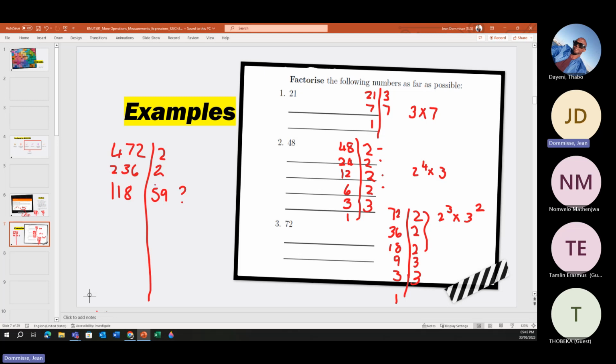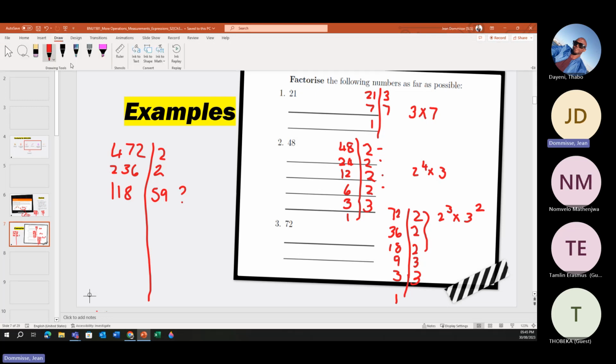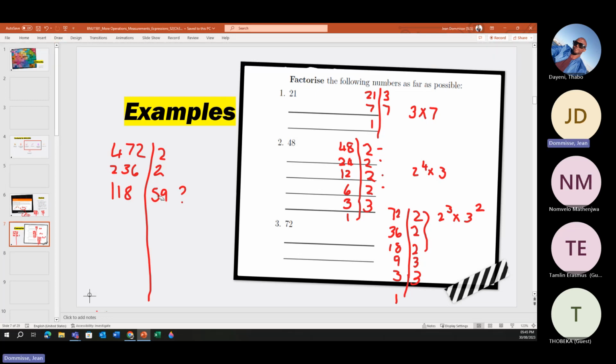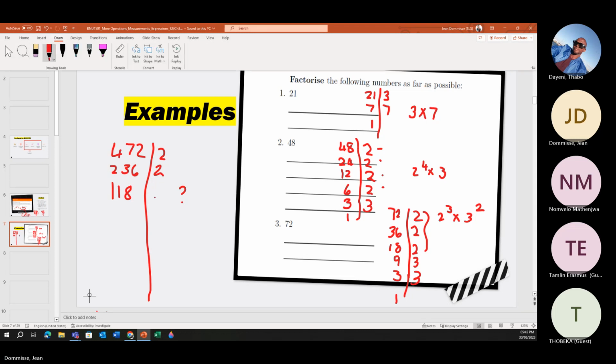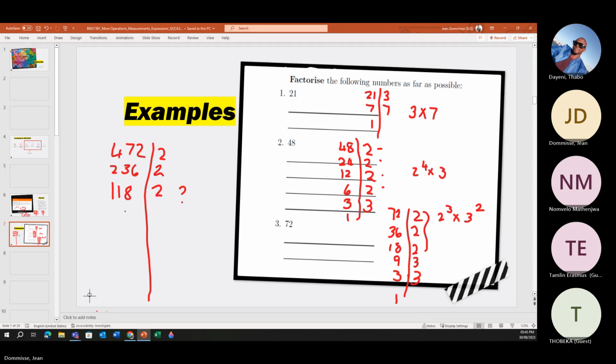So it's not a great guess, but that would be the process that you follow. Okay, cool. So that is factorization.